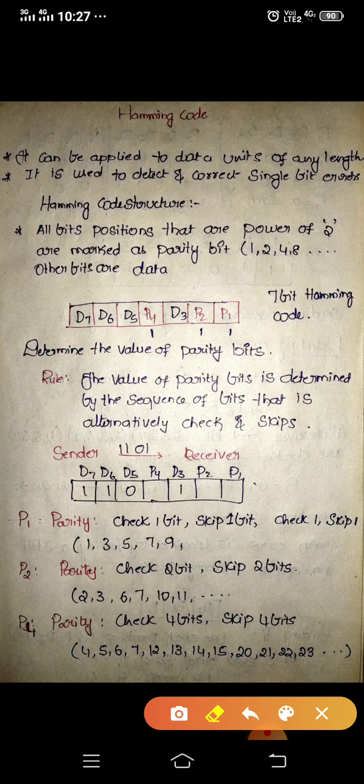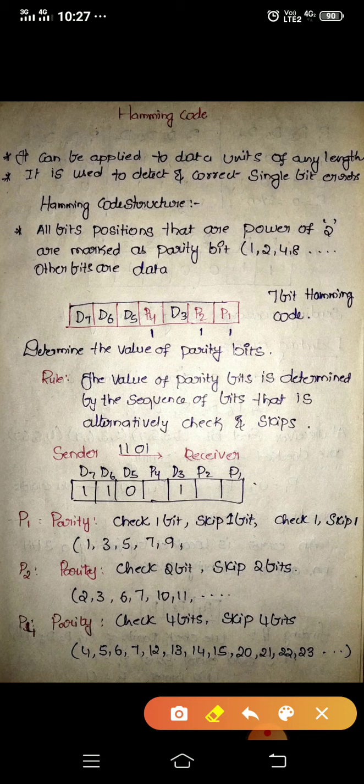The next check 1 is 3. Next skip 1, so the 4th position I have skipped. The next position is 5. So like this 1, 3, 5, 7, 9 and so on for parity 1. For the parity 2 bit, the same rule applies, but here check 2 bits and skip 2 bits.